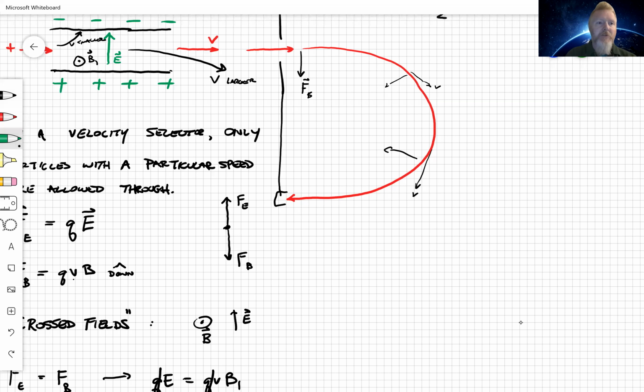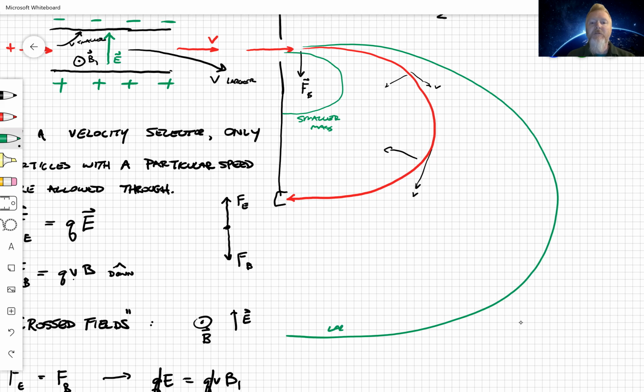And those two things you can kind of see. So I'll sketch those in green. So like that, smaller mass, larger mass. And the reason for that, you can kind of see from the idea of the centripetal force.